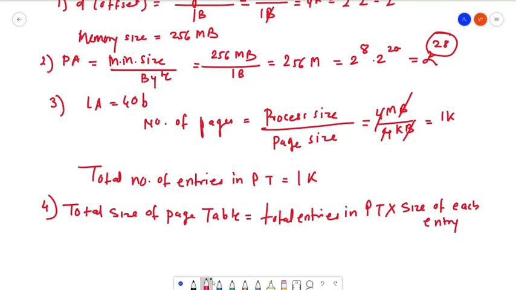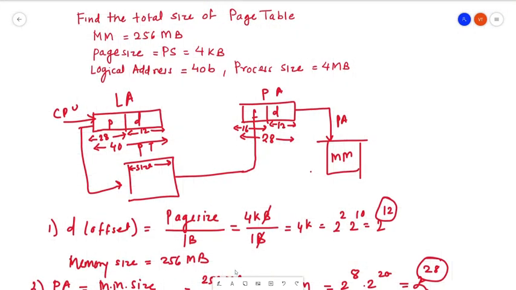Now total entries we will get from here, 1K. And from where will we get the size of each entry? The size of each entry we will get from here. This is the size of each entry.